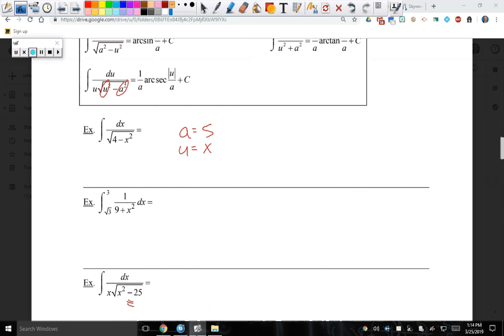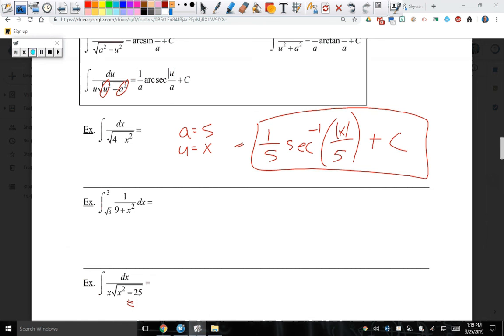So here, it's going to be 1/5 arcsecant of the absolute value of u. And again, because secant is positive, because it was increasing the entire time, you want that absolute value of u, which is x, over a, which is 5, plus c. That's it.